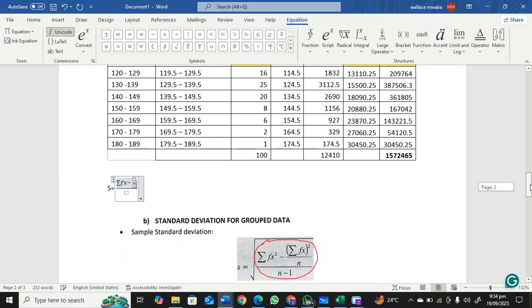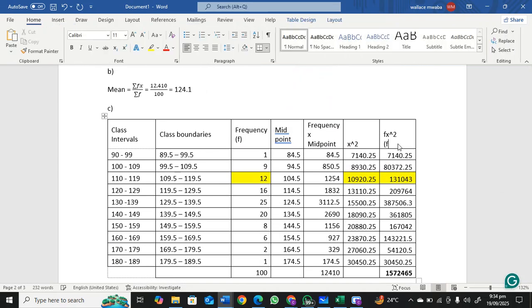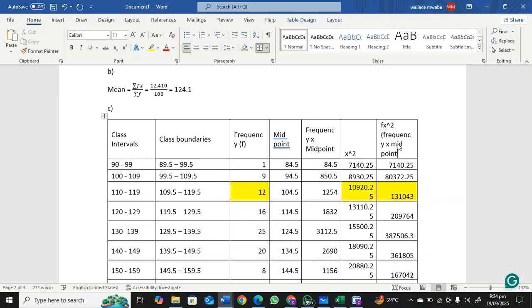Here, frequency times midpoint squared. Frequency multiplied by midpoint squared.